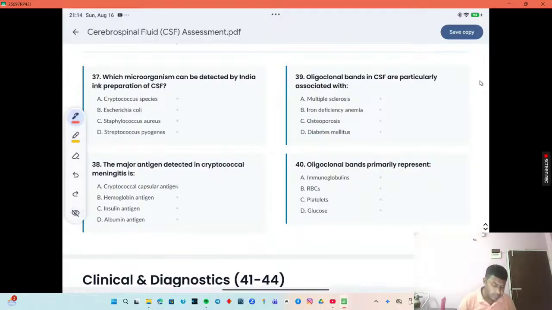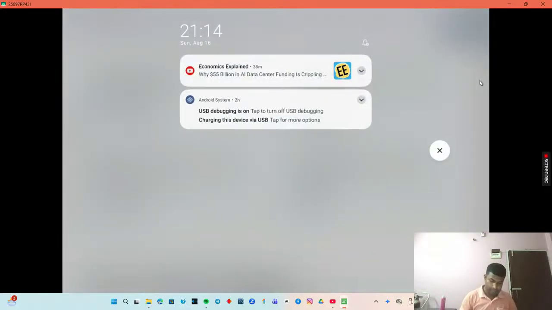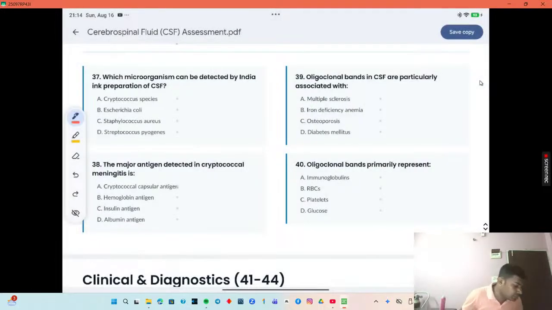Here the question is, which microorganism can be detected by India ink preparation of CSF? The right answer of this question will be Cryptococcus species.